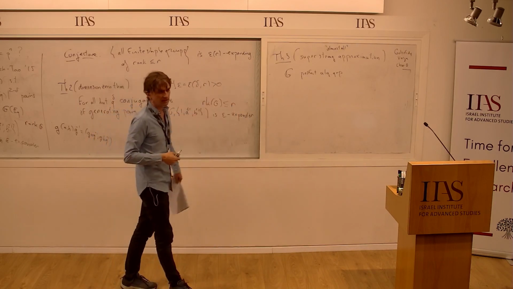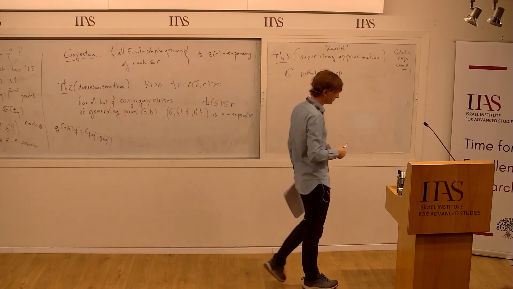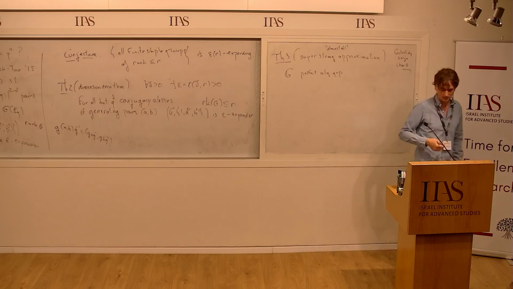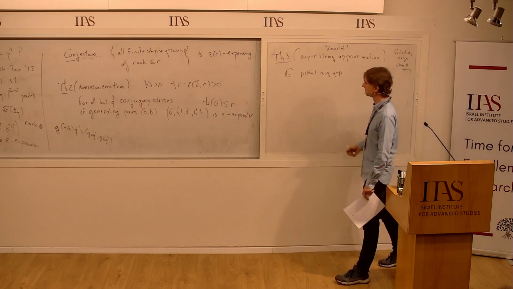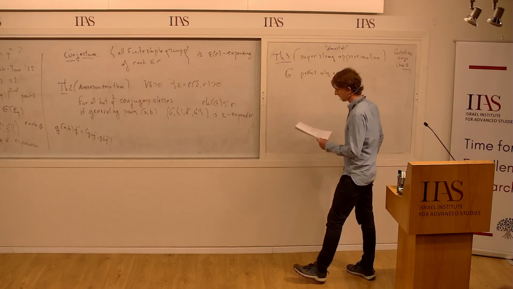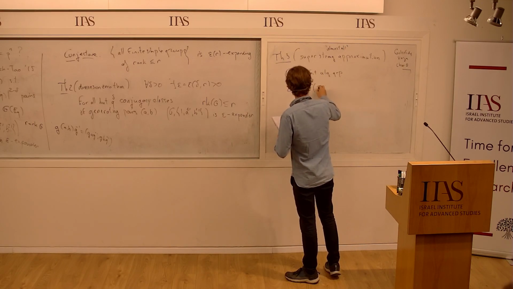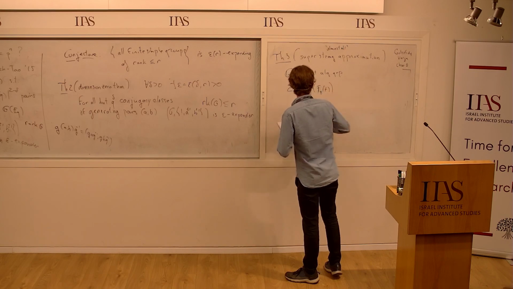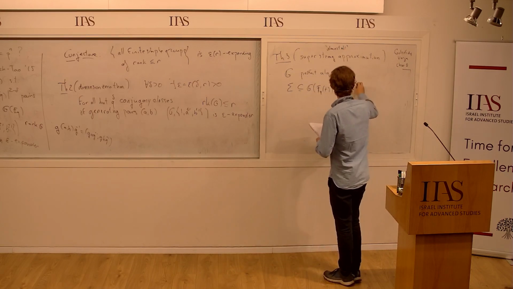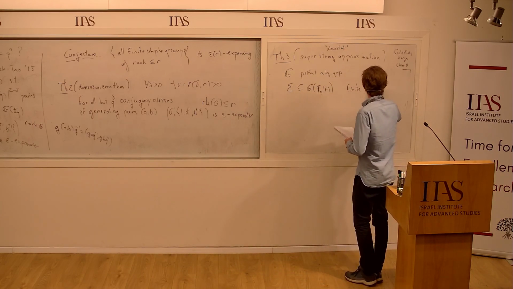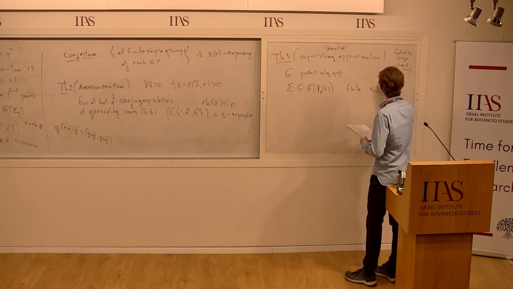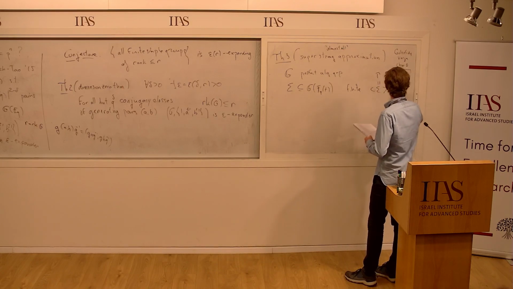It's not a proof, but I'll tell you what we get. Suppose sigma, a finite set, belongs to G of Fp of t, and suppose that the group it generates, called gamma, is Zariski dense.